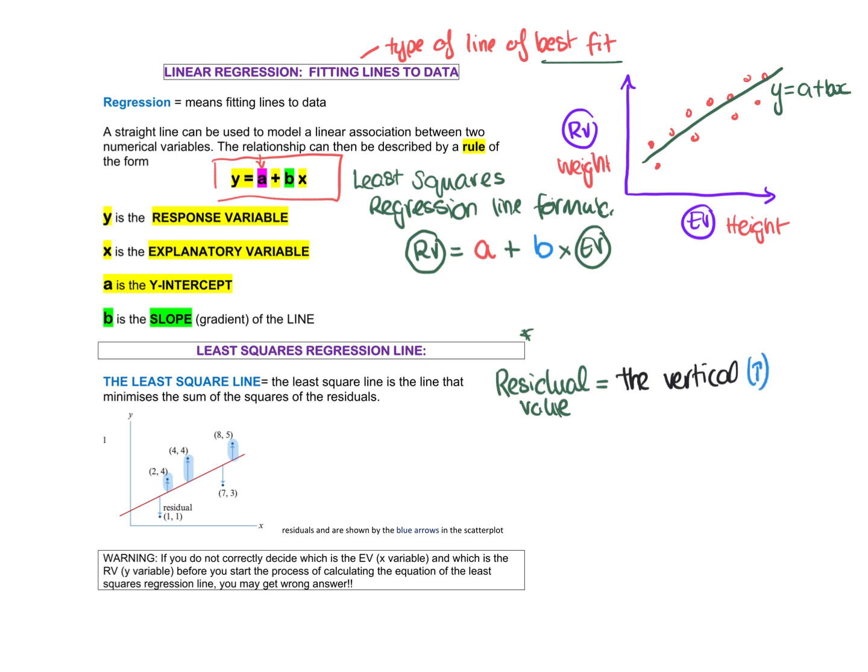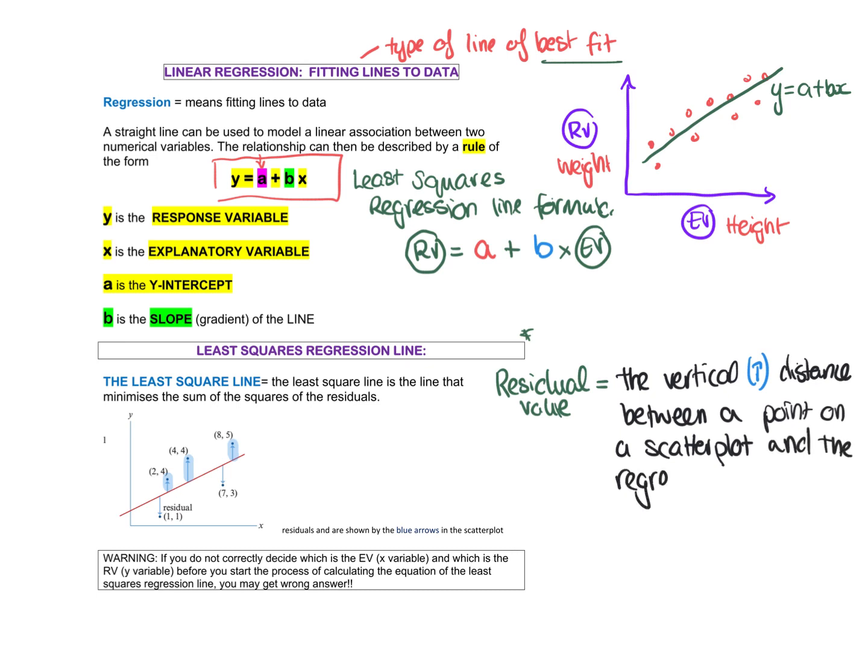The vertical distance between a point on a scatter plot and the regression line, which is our line of best fit.